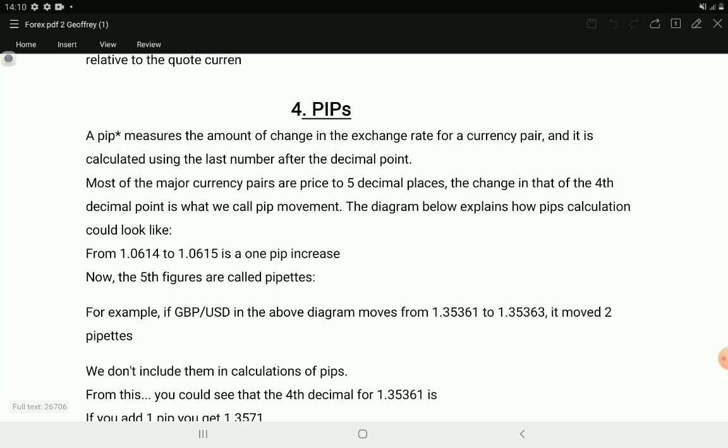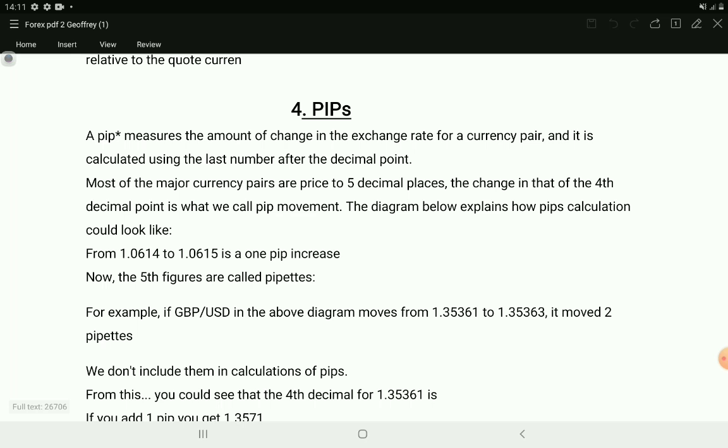You start counting your pips from this 4. As the pips go up, 4, 5, 6, 7, 8, 9, once it is going to 10, you round it up and the 1 becomes 2, and the last digit becomes 0, right? Then as the market is appreciating, it goes 1, 2, 3, 4, 5, 6, 7, 8, 9. Once it is going to 10 again, it rounds up to the next one, and now it becomes 3, not 2 again. That is how the price keeps increasing from the last number as it approaches. That's how it goes forward, and this is basic mathematics that we should know in the forex market.